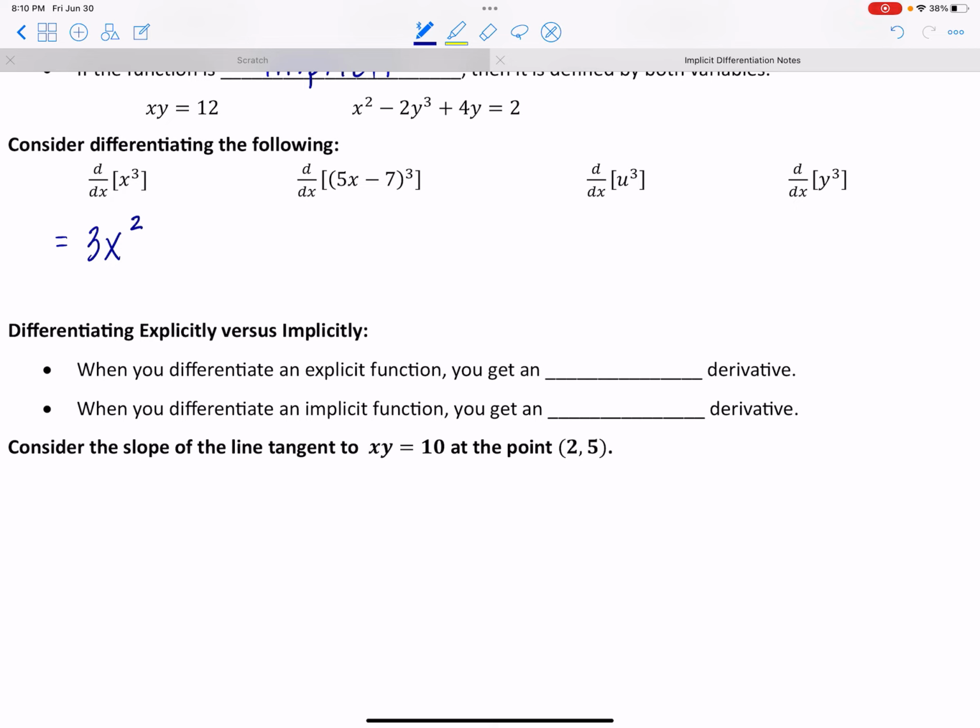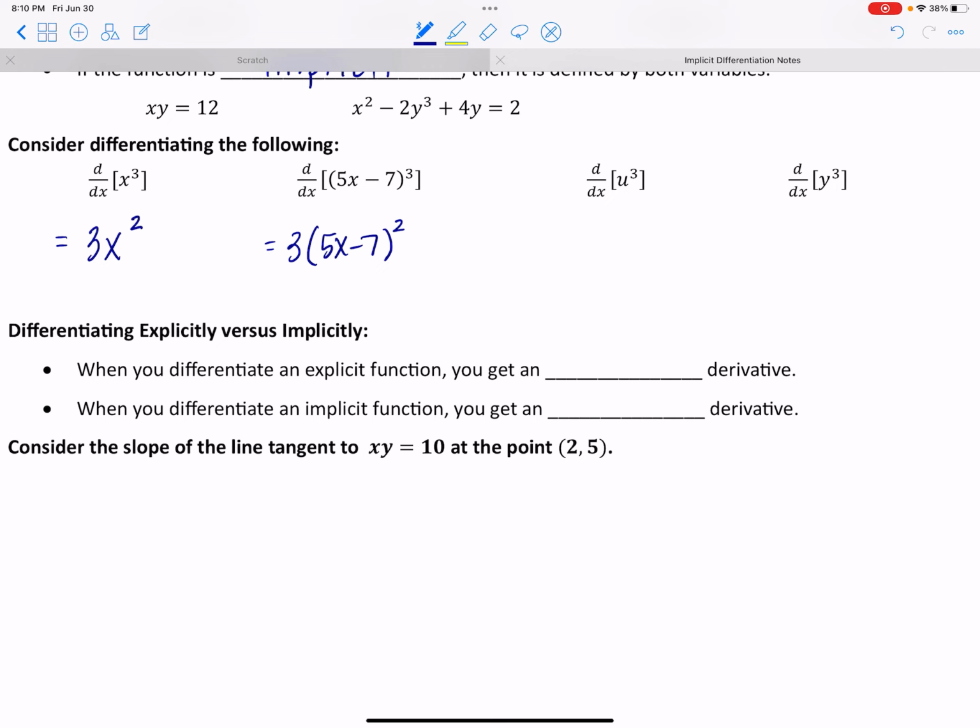So we multiply by the exponent, then subtract 1 from the exponent, right? Now as soon as x changes to anything else, like 5x minus 7, or whatever we want to put in that parentheses, we're still differentiating with respect to x. We're still going to apply that same power rule. So we would have 3 times, instead of an x, we have a 5x minus 7, and then we would subtract 1 from the exponent, so it'd be squared.